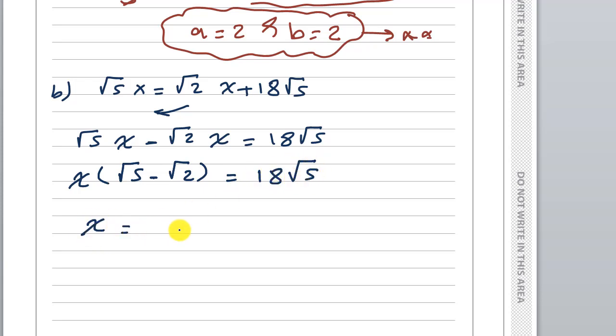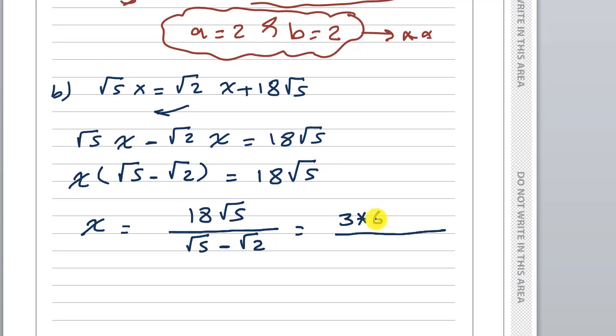So x will equal 18 square root of 5 divided by square root of 5 minus square root of 2. This will equal, 18 is 3 multiplied by 6, 3 multiplied by 6 square root of 5 divided by square root of 5 minus square root of 2.